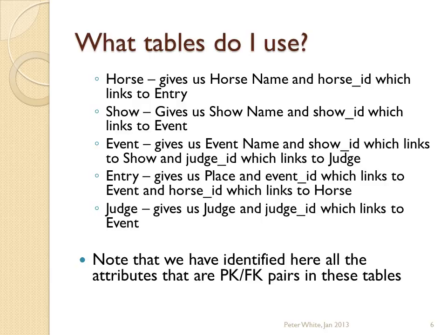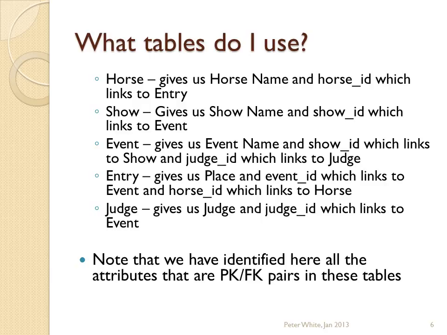Event returns us event name and show ID, which links to show, but it also has a judge ID which links to the table judge. Entry gives us the place and the event ID, which links to event, as well as the horse ID, which links to horse. And finally judge gives us judge and judge ID, which links back to event.